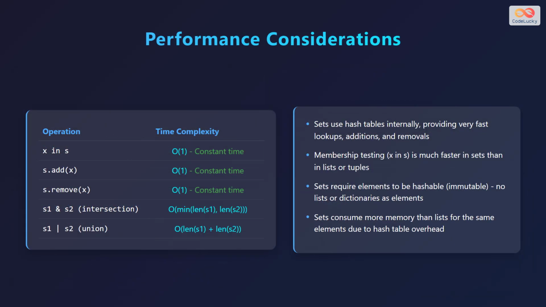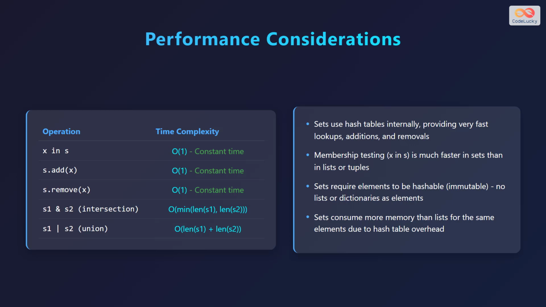When working with sets, it's important to consider their performance characteristics. Sets use hash tables internally, which provide very fast lookups, additions, and removals. Membership testing using x in s has a time complexity of O(1), meaning it's very fast. Adding an element using s.add(x) also has a time complexity of O(1).